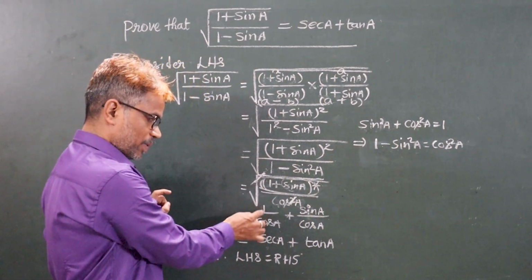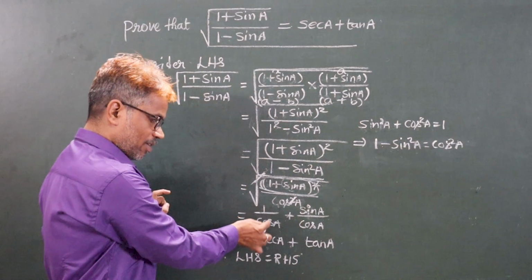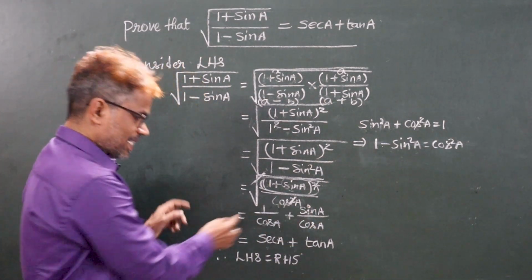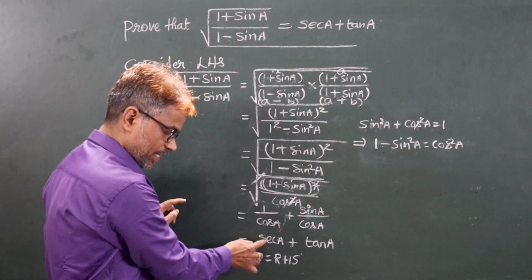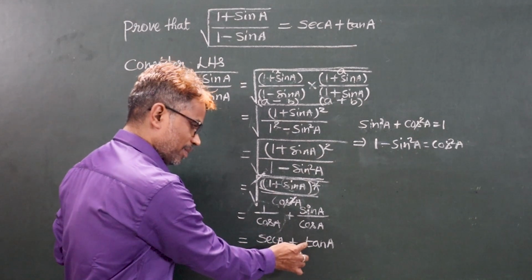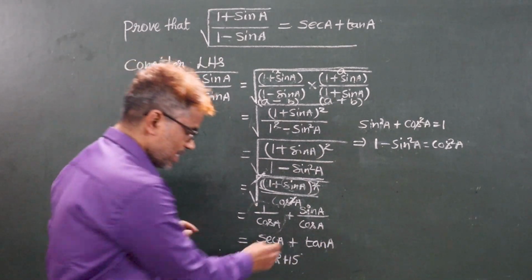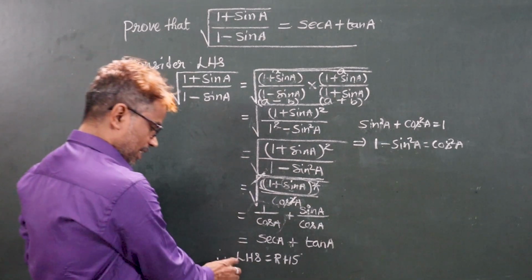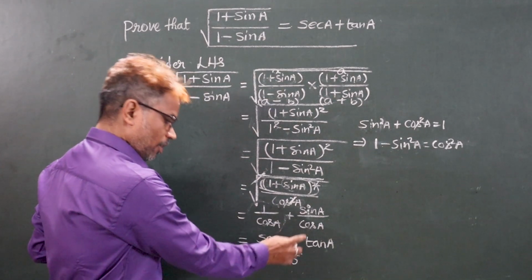So the expression reduces to 1 by cos a plus sin a by cos a. Reciprocal of cos a gives secant a, plus sin a by cos a is nothing but tan a. This is our required RHS. Therefore, finally LHS is equal to RHS.